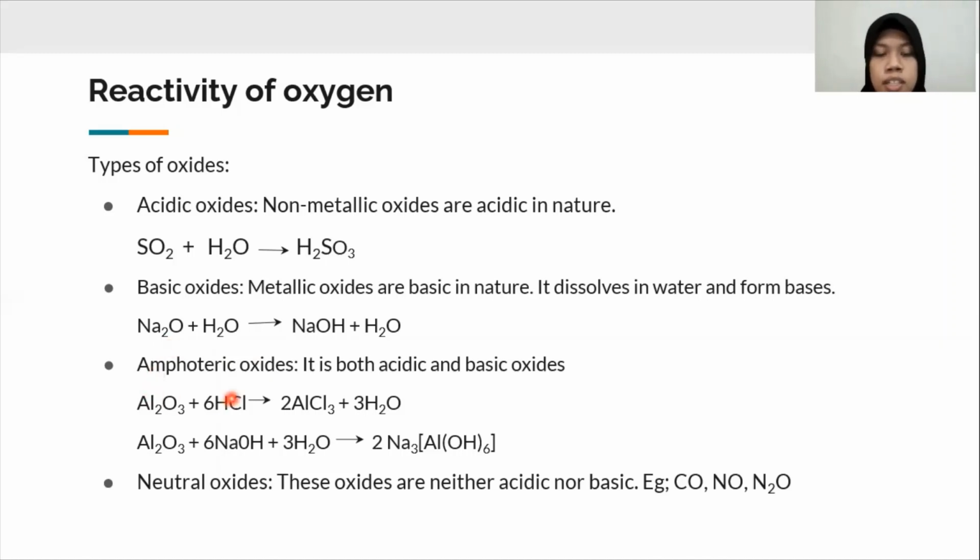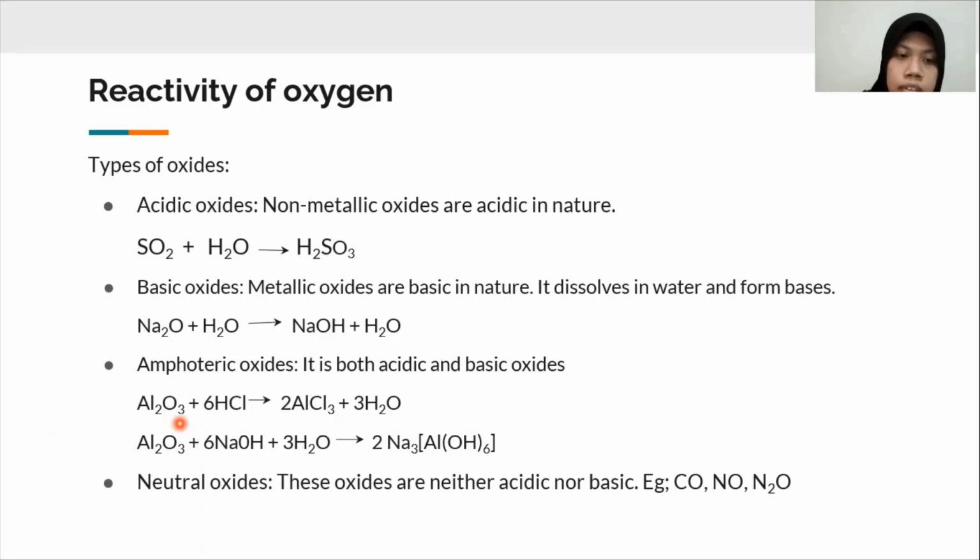The third type of oxide is amphoteric oxide. It is both an acidic and basic oxide. As you can see from this chemical equation, Al2O3 will react with 6 HCl to produce 2 AlCl3 plus 3 H2O.